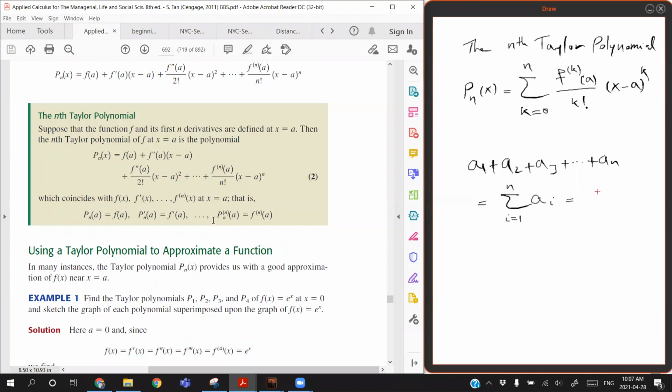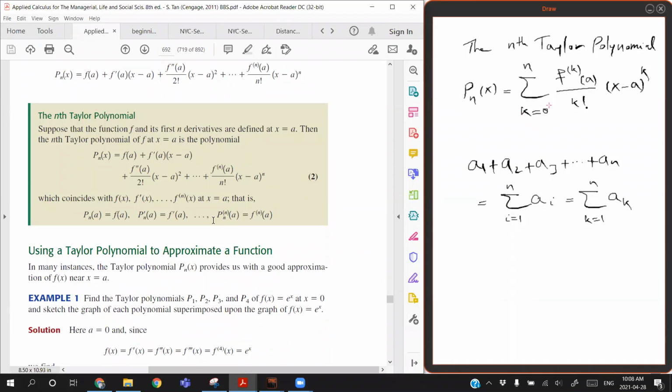You can also use k, and these two would be exactly the same thing: k from 1 to n, A_k. It's customary to use i, j, and k for indices in summation notation. You have seen this notation when we were working with the Riemann sum, so it's not new to you.